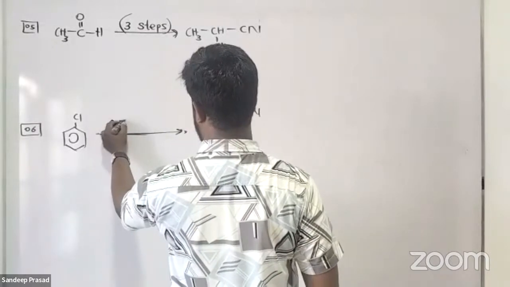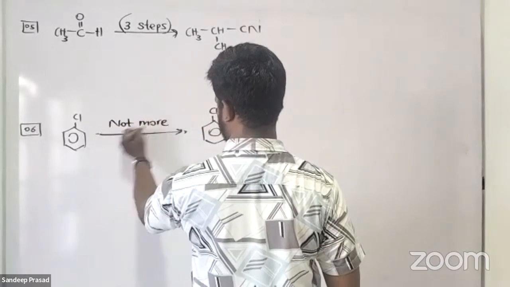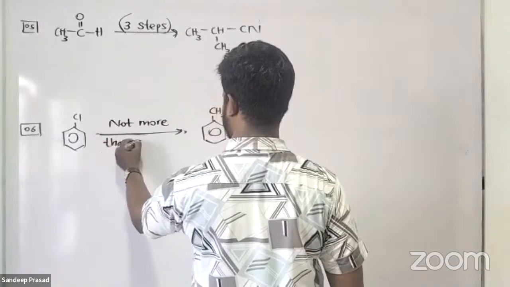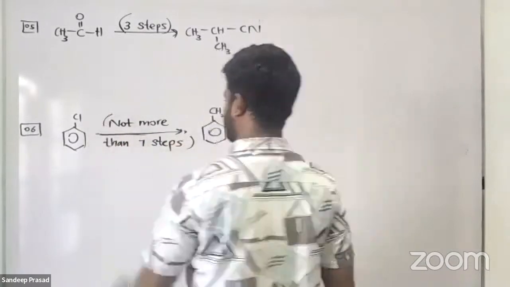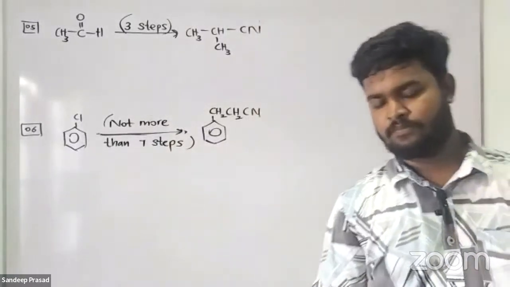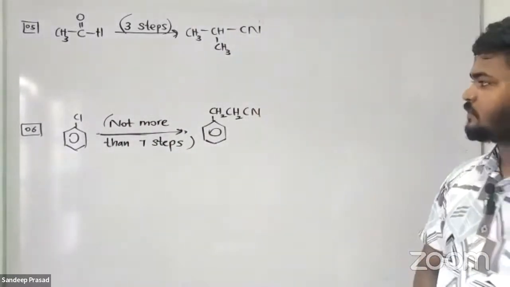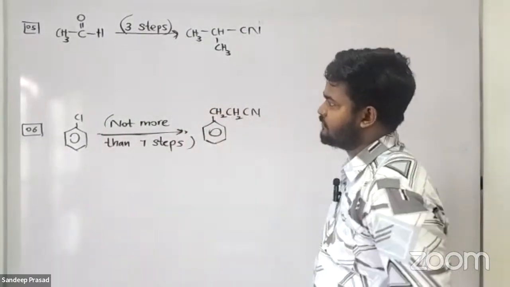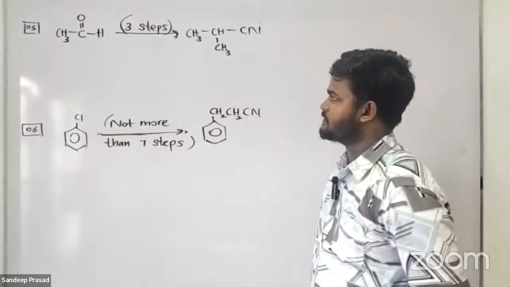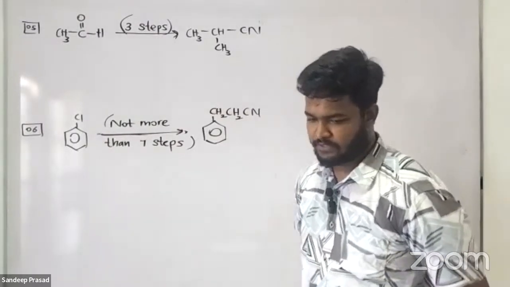Not more than 7 steps. So the 6th one is not more than 7 steps. Do that conversion. The 5th one is very easy, just 3 steps. Check that you can do the conversion.